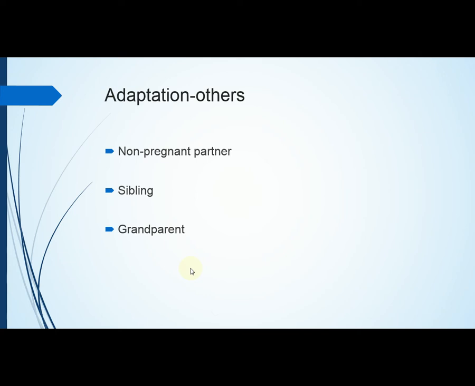You can alleviate a lot of that jealousy by getting them involved with the pregnancy, letting them develop relationships with the fetus as well. Different age groups, as Mrs. Candler has taught you throughout, the infant, the toddler, the school age, all of those siblings will have different reactions.